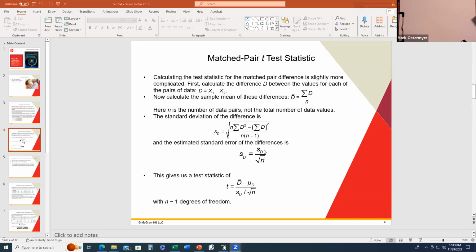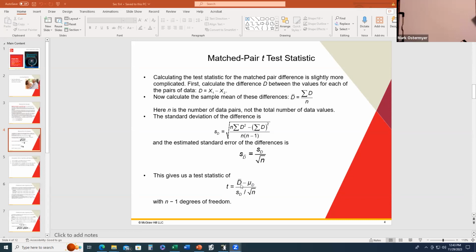Notice it requires the standard deviation of our matched paired differences divided by the square root of the number of ordered pairs, or the number of matched pairs. Then finally, we can compute our test statistic value, which is distributed according to the t distribution.